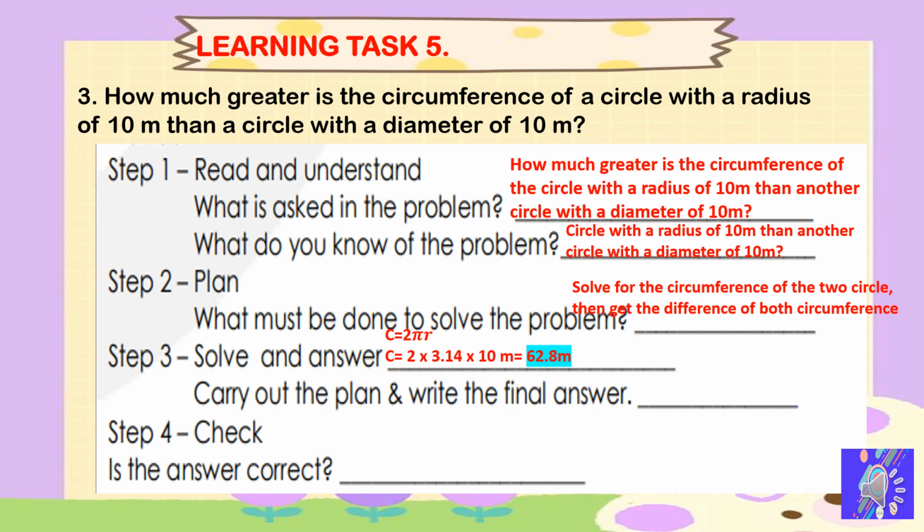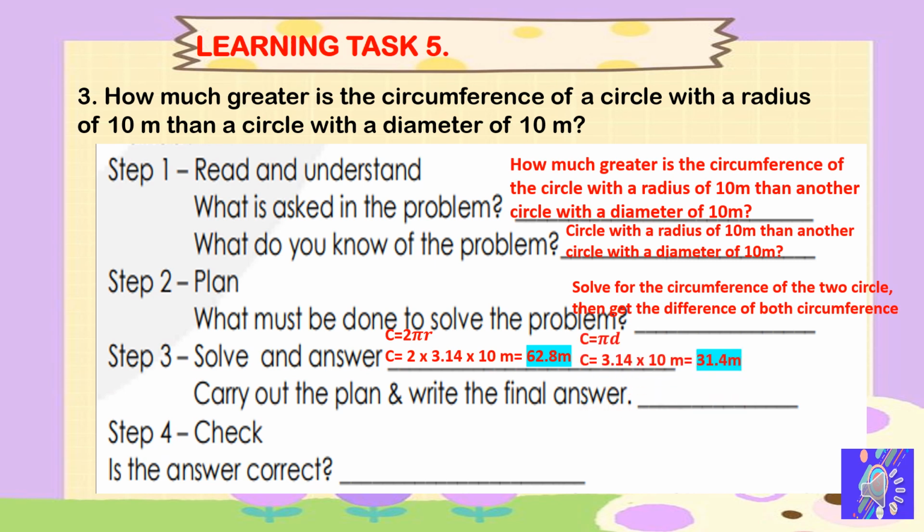Since for the first circle the given is the radius, we will use the formula C equals 2 pi r. And then let us convert. C equals 2 times 3.14 times 10 meters, which is the radius. So the answer is 62.8 meters.